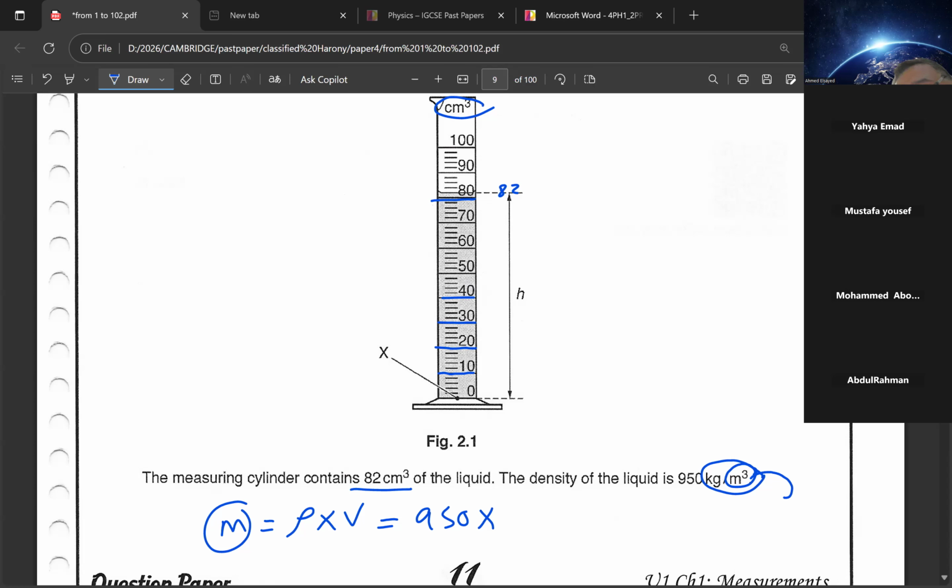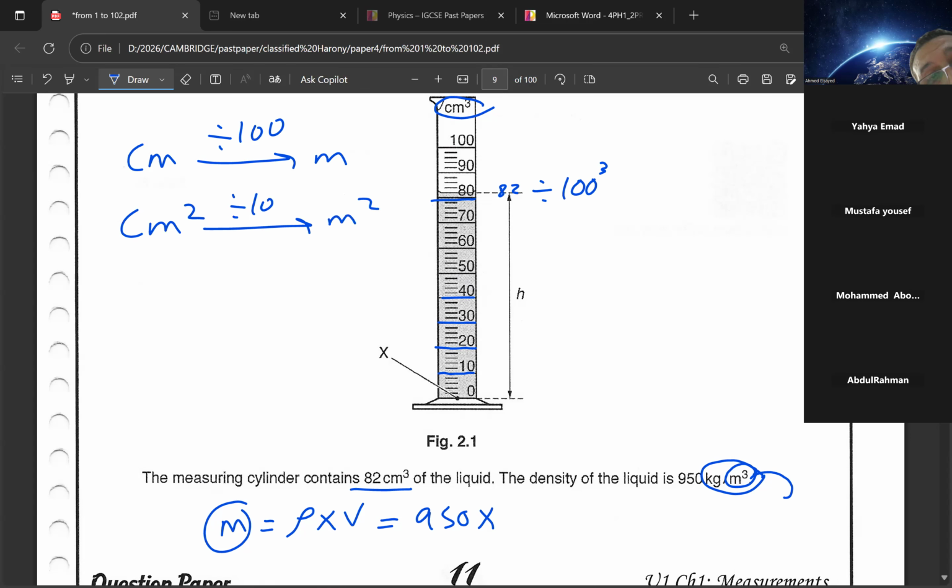How can you convert 82 centimeter cube to meter cube? You will divide by 100 cube. From centimeter to meter you divide by 100. For centimeter squared to meter squared, you divide by 100 squared, because centimeter squared is centimeter multiplied by centimeter. So you divide two times. Centimeter cube to meter cube, you divide by 100 cube.